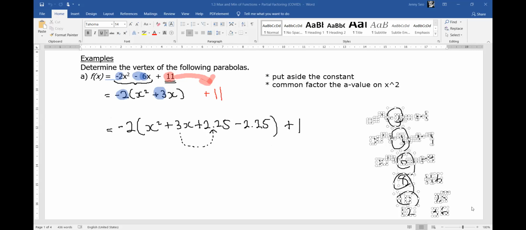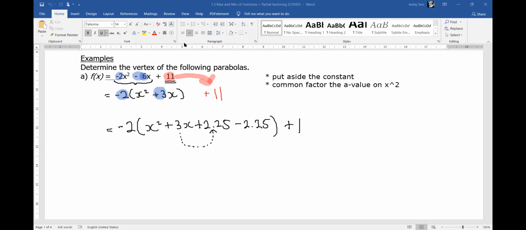Okay, so let me write that as a step. Divide the b value, so in this case a 3, by 2, then square to get the third term of the perfect square trinomial.